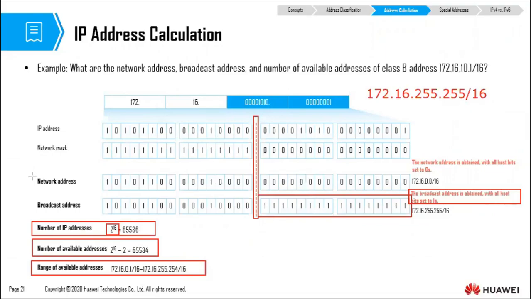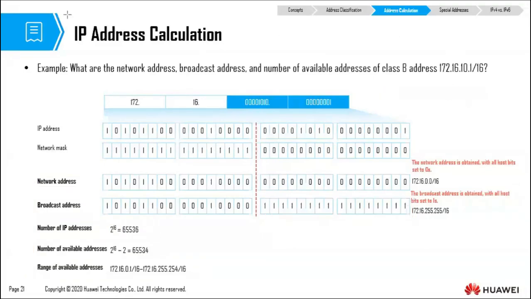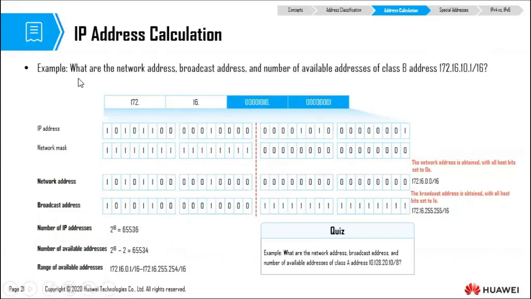For the first address you can assign to a host, you simply add 1 to the network address, right? So it's going to be 172.16.0.1/16. The last one, you subtract 1 from the broadcast. So you're going to get 172.16.255.254/16. So that's how you get the range. So again, expect a question on this one.